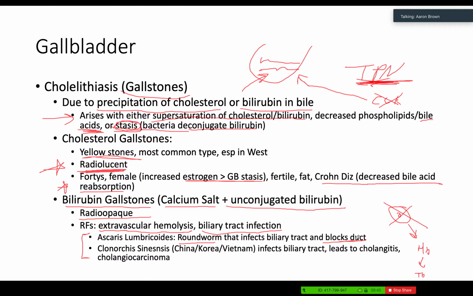Rather than having one big worm, you just have a ton of worms. Those worms go all sorts of places in our GI tract, including the biliary tree. With Clonorchis sinensis, we have an infection of the biliary tract that's going to lead to cholangitis, cholangiocarcinoma, as well as fibrosis of that biliary tract.